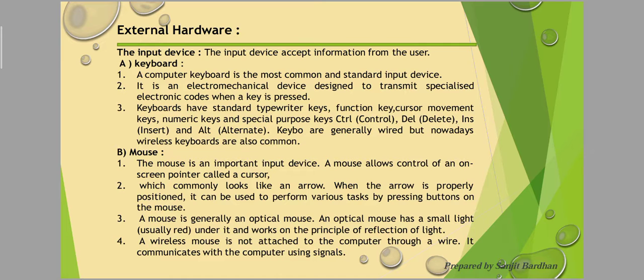It is an electromechanical device designed to transmit specialized electronic codes when a key is pressed. The keyboard has standard typewriter keys, function keys, movement keys, numerical keys, special purpose keys, delete key, insert key. These are all the types of keys inbuilt in the keyboard.